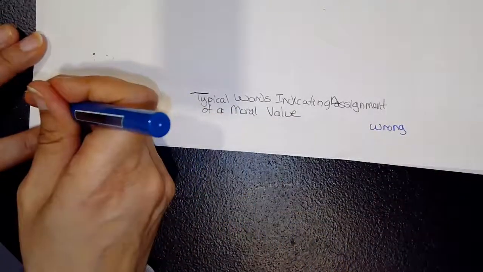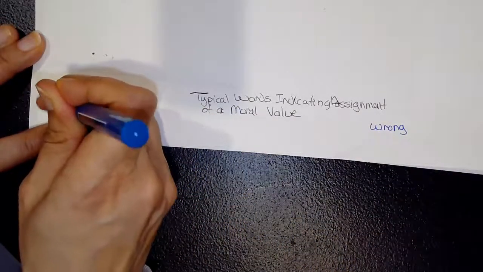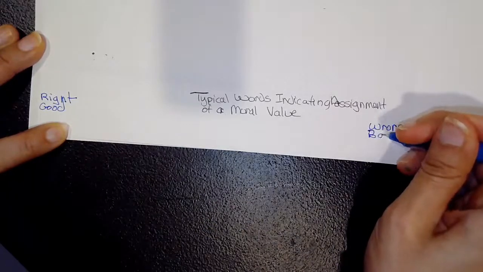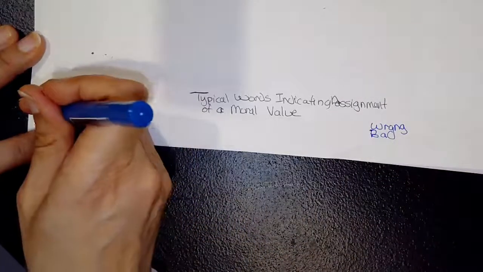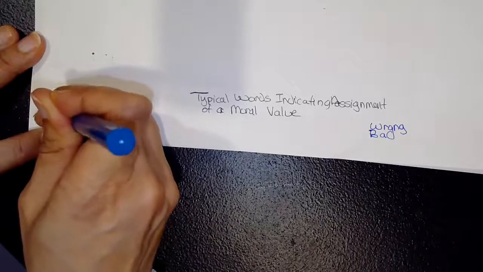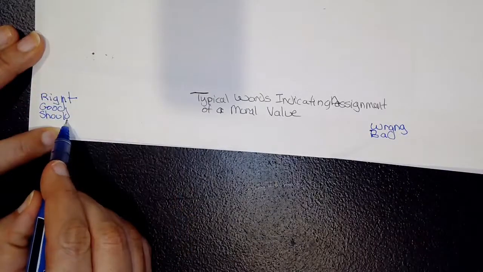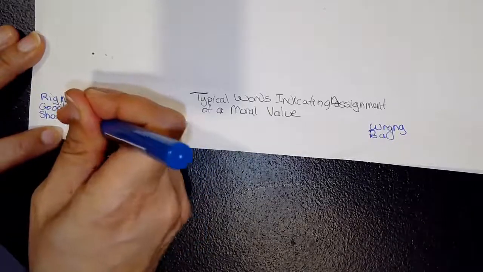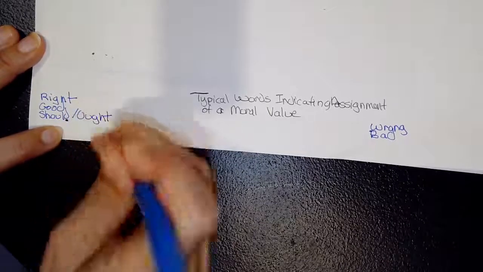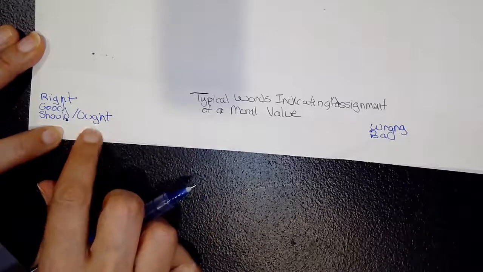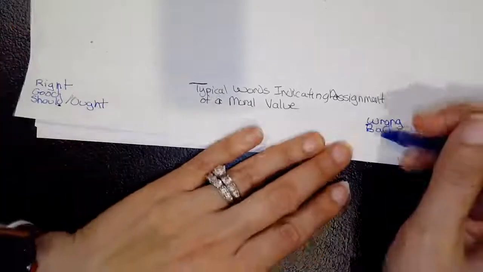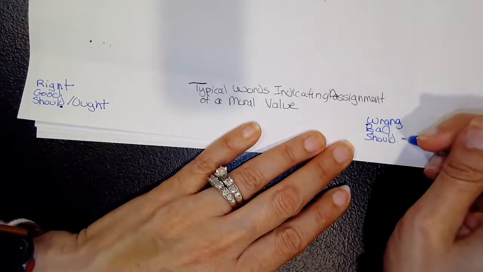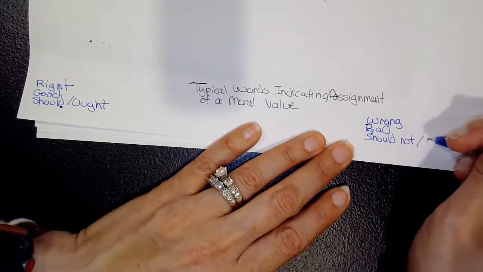Over here we can have good. Over here we can have bad. Over here we can have should. In other words, it would be wrong if you didn't do something, or it's the right thing to do. We would also have ought. In other words, it would be wrong if you didn't do it. In other words, it's the morally correct thing to do. So here we would have should not, ought not.